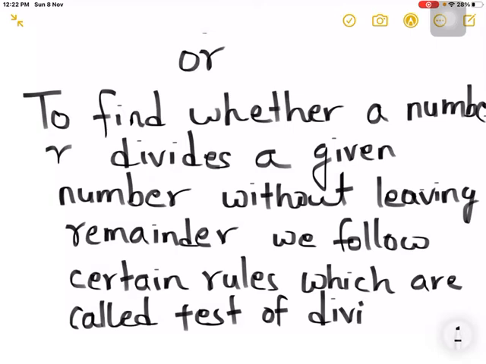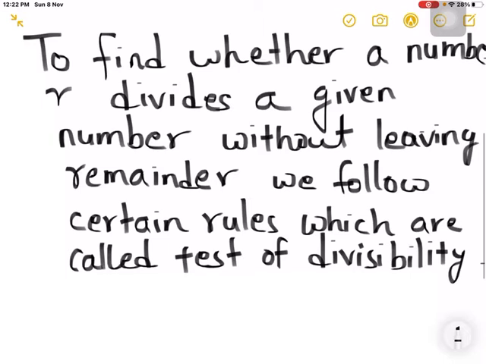Okay, this is the test of divisibility. That means whether the number is a divisor of another number or not, or we can say whether a number divides a given number without leaving remainder.